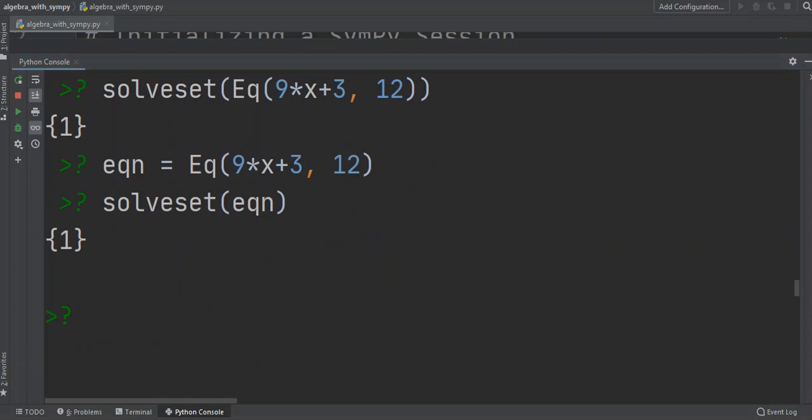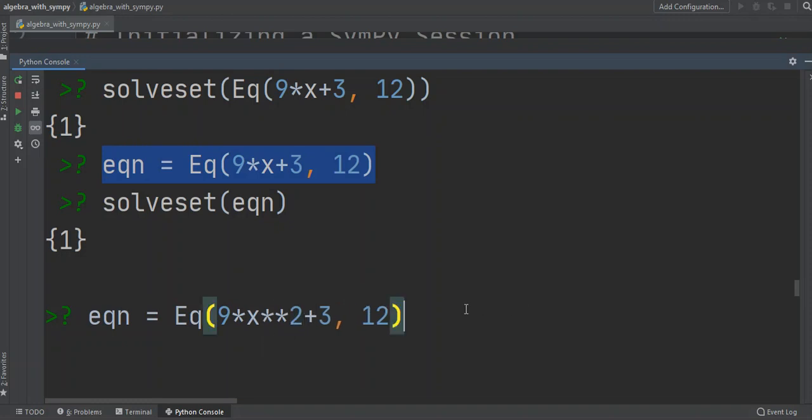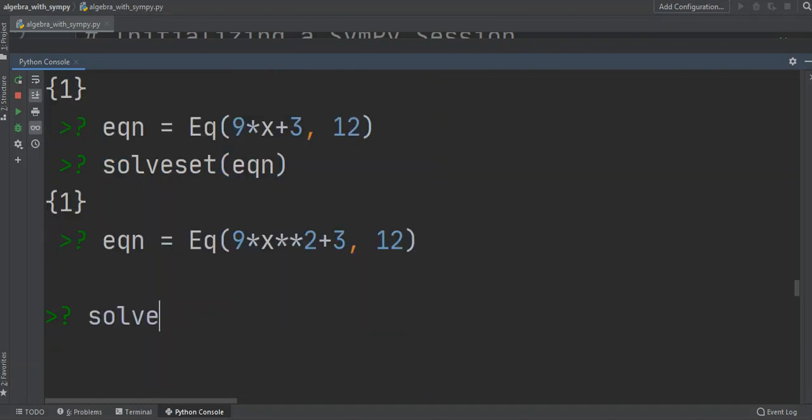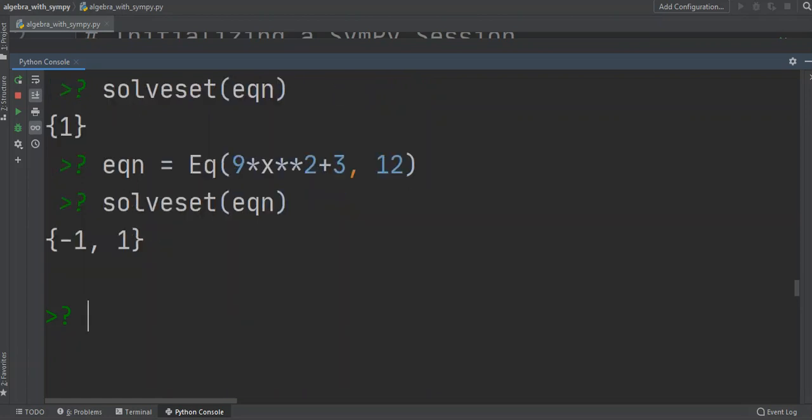And if you have something more complicated, with more than one solution, it'll list them both out. So this time, let's make it squared, so that we get a couple of things. Now it has two different things: -1 and 1 are both viable correct solutions to this equation.